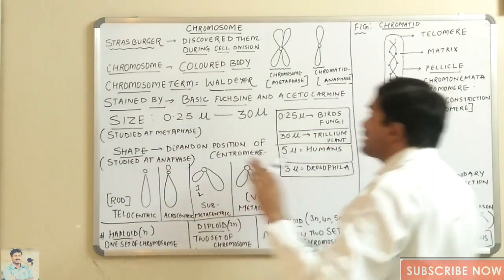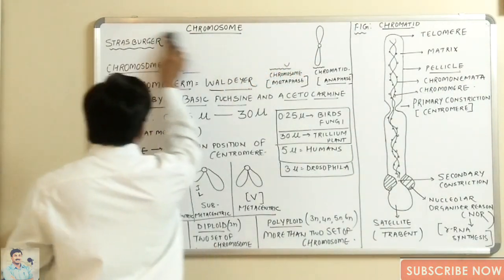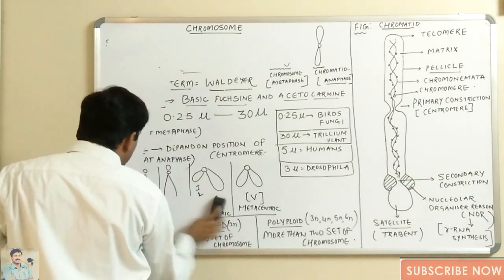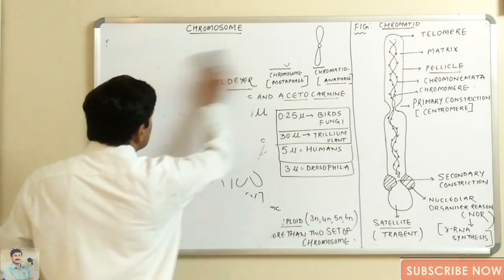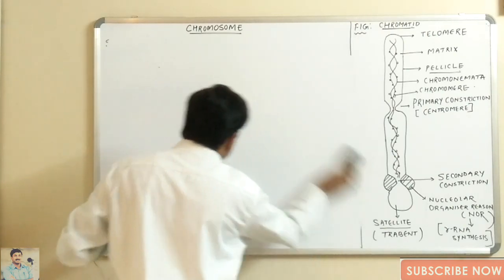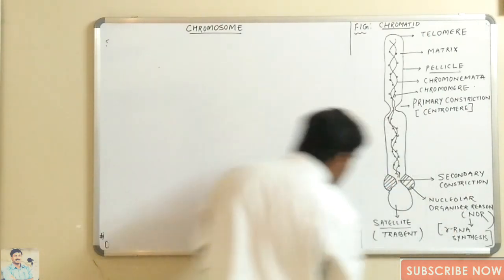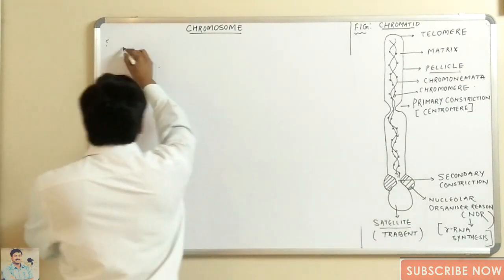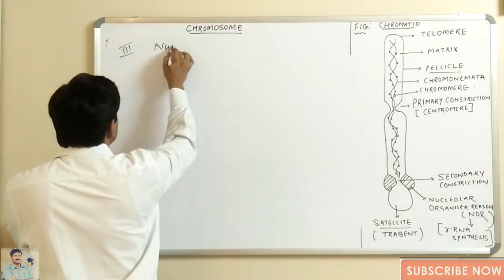Now we have to discuss two more points. We have to discuss the morphology, as well as the number of the chromosomes. See here. Now the third point, that is the number.